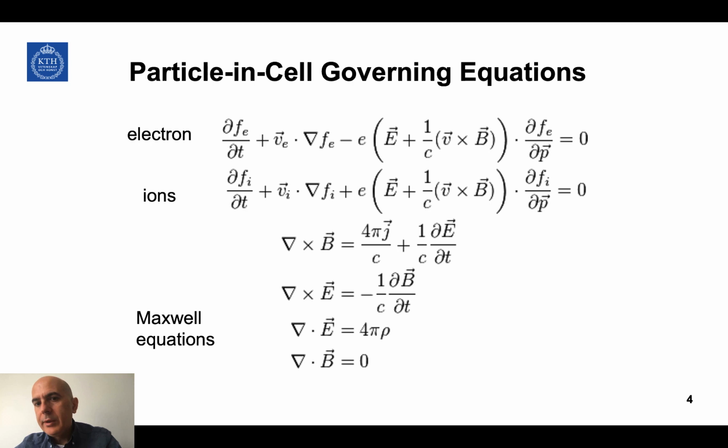The J and the rho are the moments, or integrals, of the distribution function in the velocity space. So the coupling between the Vlasov equation and the Maxwell equations comes through J and rho. The coupling is both integral and differential, so it's a nonlinear coupling that makes it very difficult to solve this equation.